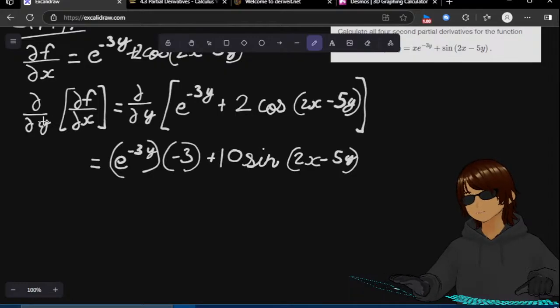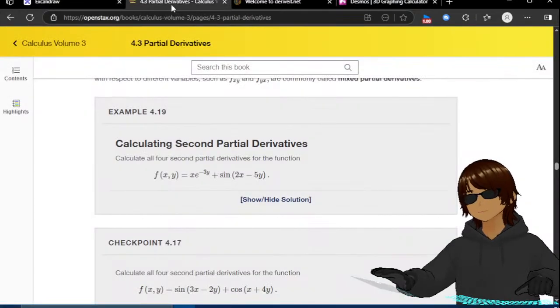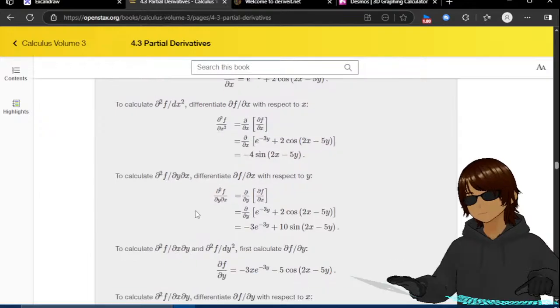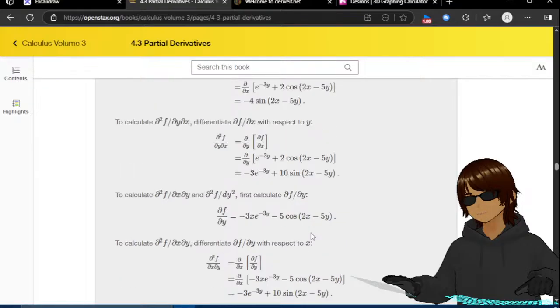So we differentiated x, then y. It's minus 3 e to the power of minus 3y plus 10 sine 2x minus 5y. Okay.